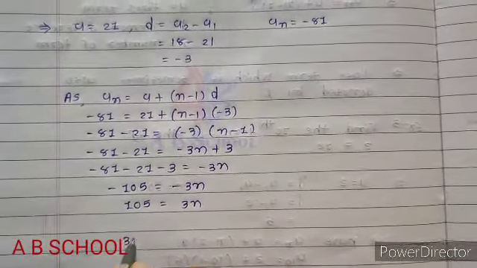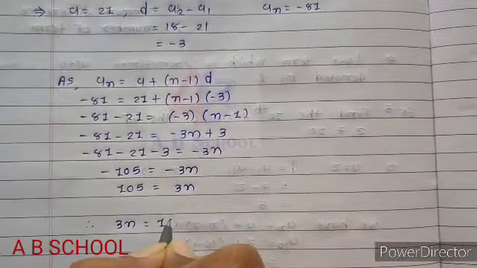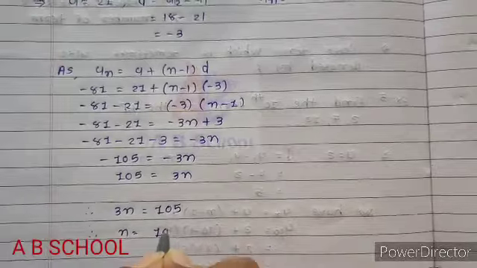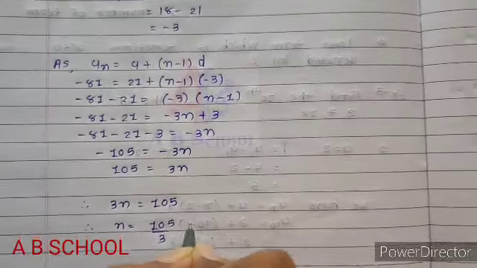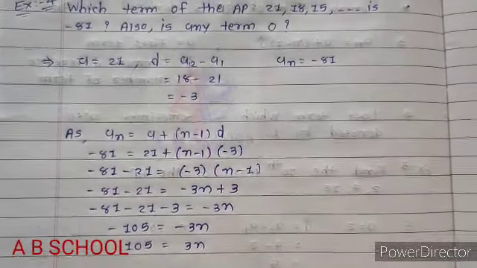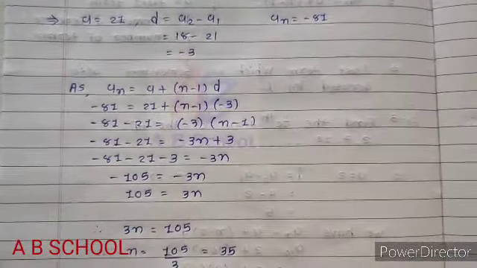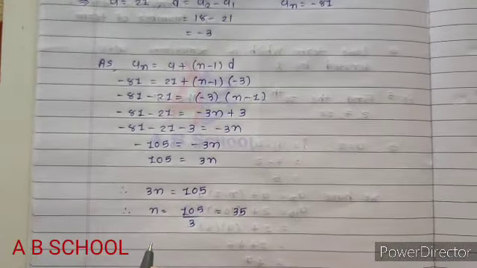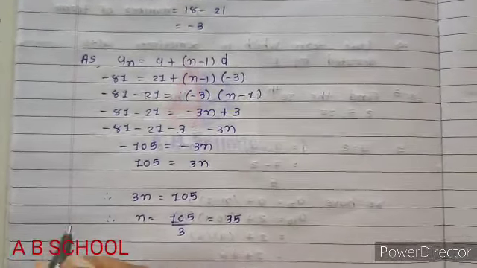So 3N is equal to 105. N is equal to 105 divided by 3. N is equal to 35. So 35th term of AP is minus 81.